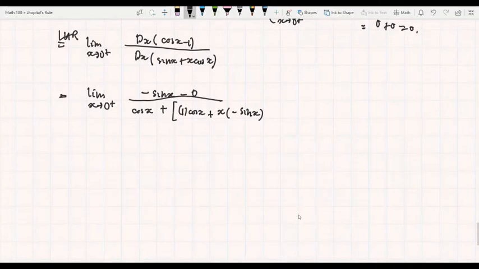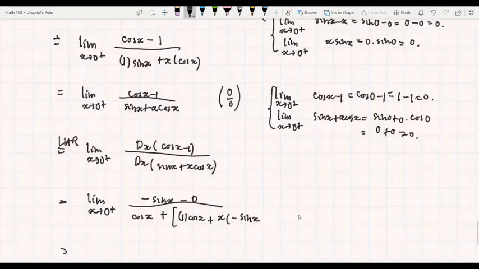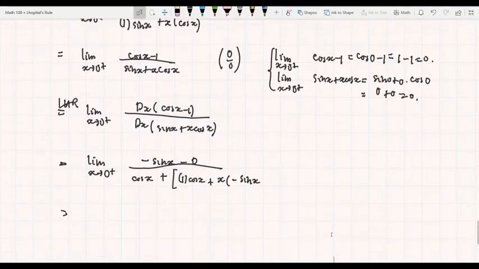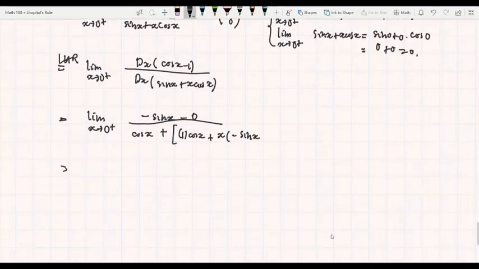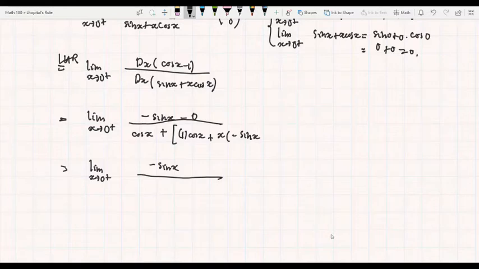So simplifying, we have the limit as x goes to the right of 0 of negative sine x all over, cosine x plus cosine x, or 2 cosine x minus x sine x.